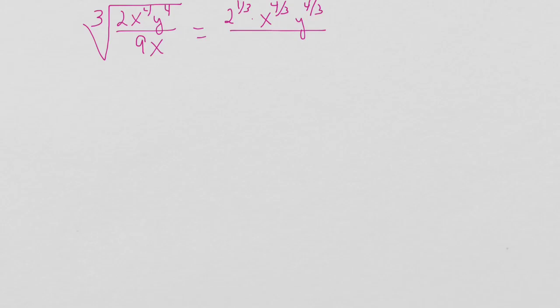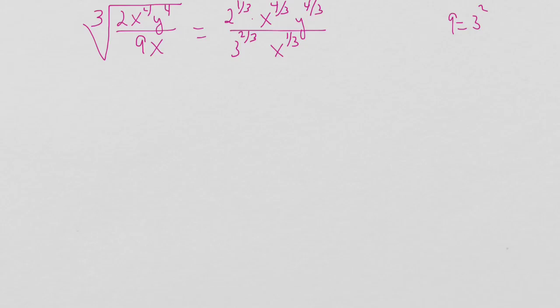all over. Now 9 is 3 squared, right? So I'm going to write this as 3 to the 2/3 times x to the 1/3. Now what this does is allow me to see what I want to multiply the denominator by so that I no longer have rational exponents. I see 2/3.